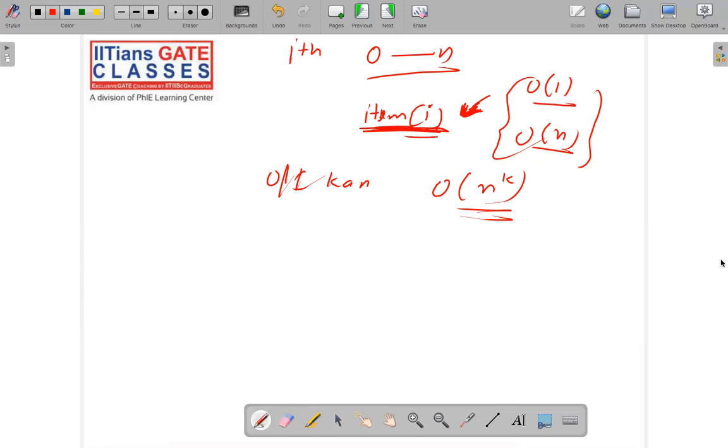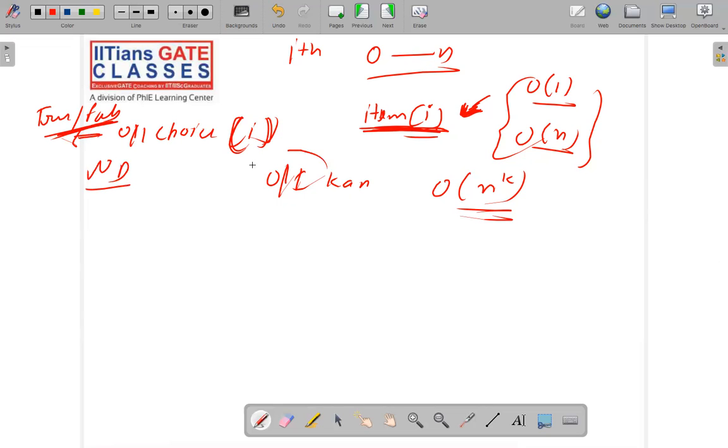So you define some non-deterministic step to find out whether to choose this one or not, a 0-1 choice, and I pass the item i to the method, and it will give me either true or false, whichever is correct. So using this non-deterministic step, you solve 0-1 knapsack in polynomial time. So this is what is called a non-deterministic polynomial algorithm, in which the algorithm is not deterministic, but it's non-deterministically polynomial.